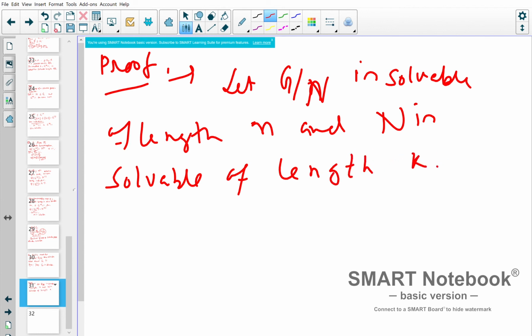Now we know that this is the canonical homomorphism from G to G mod N, right?